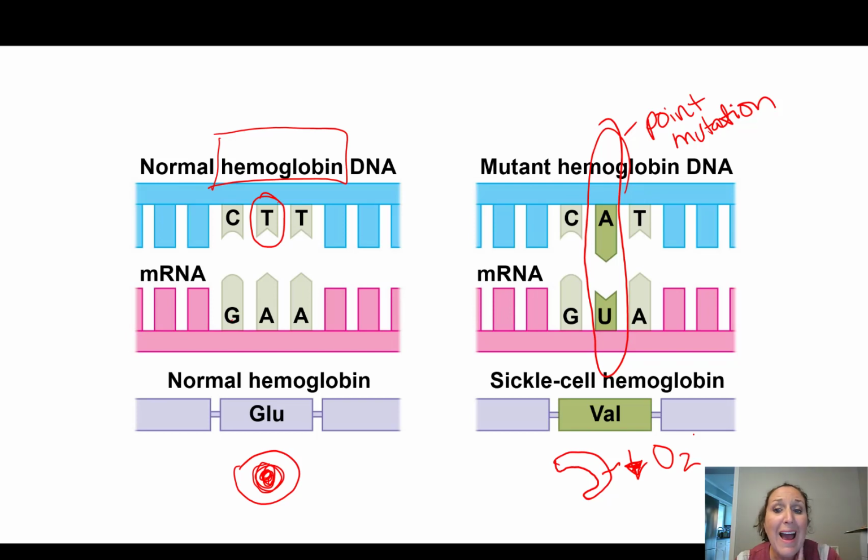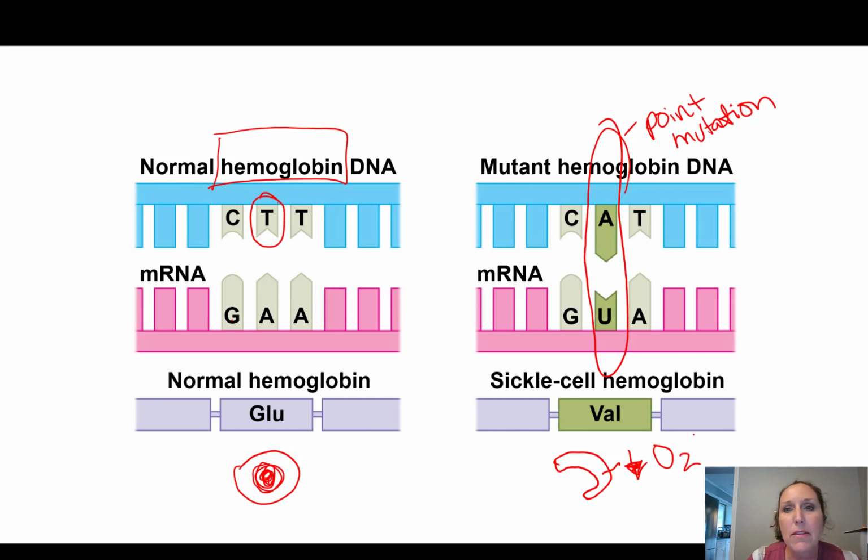Now, if only half of your cells are shaped like this, you will still have an issue with oxygen transportation, but you will also be immune to malaria. So that is definitely an advantage, although having the low oxygen is a disadvantage. So it kind of evens out, I guess.